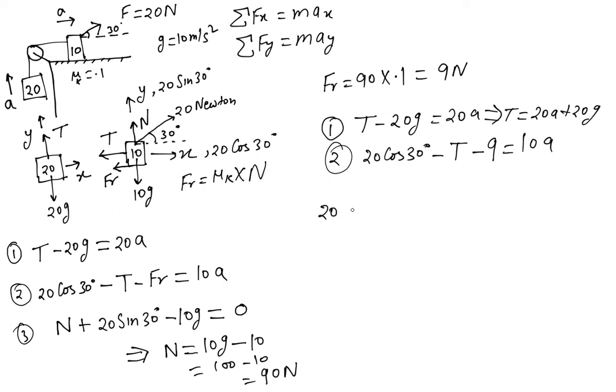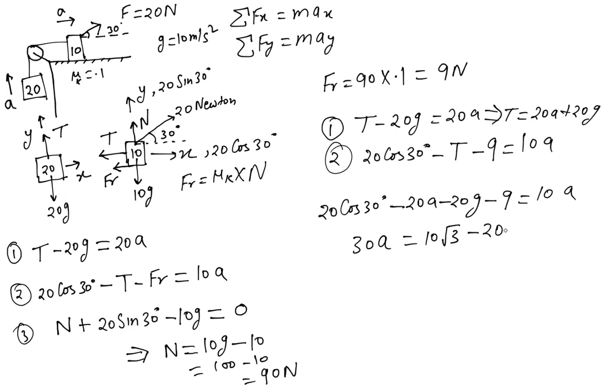So that gives us 20 cos 30 degrees minus 20a minus 20g, because both of them become minus as you multiply by the minus sign, minus 9 equals 10a, and that gives us 30a if we move things around, and 20 cos 30 is going to be 10 root 3, minus g we have taken to be 10, so it's going to be minus 209, and a is going to be 10 root 3 minus 209 divided by 30, right?